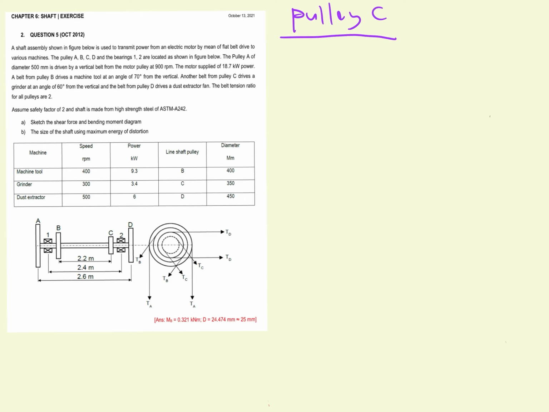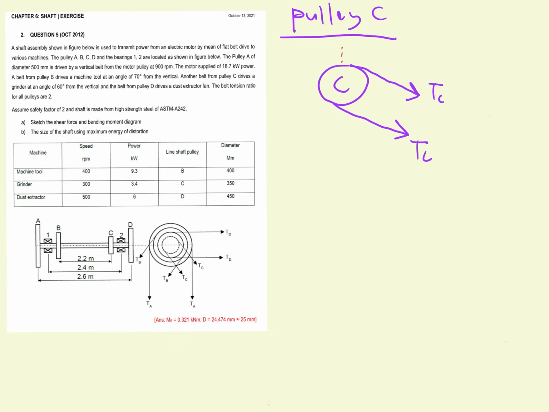From this diagram, as you can see, this is pulley C, and the direction of the belt of pulley C is acting on the right side downside here. So we just draw it back. We assume that this is pulley C, and this is the direction of belt TC, and the angle of pulley C is 60 degrees from the vertical.